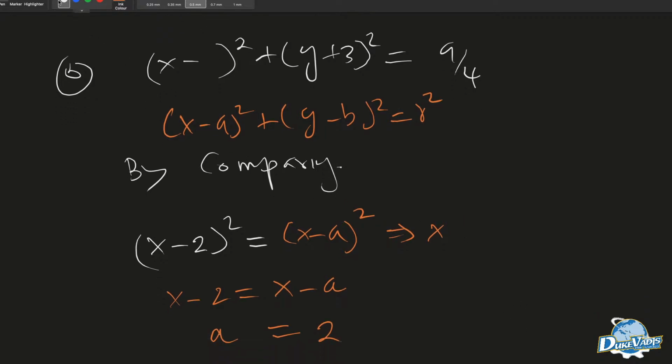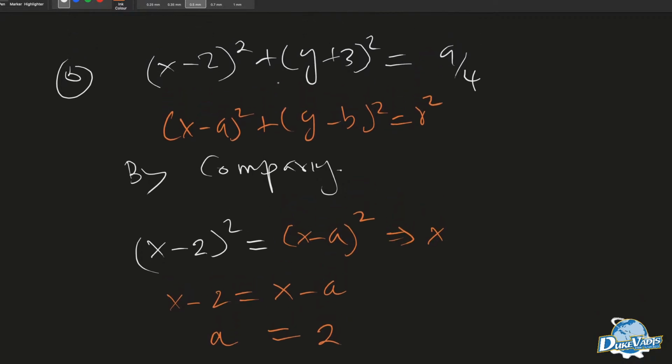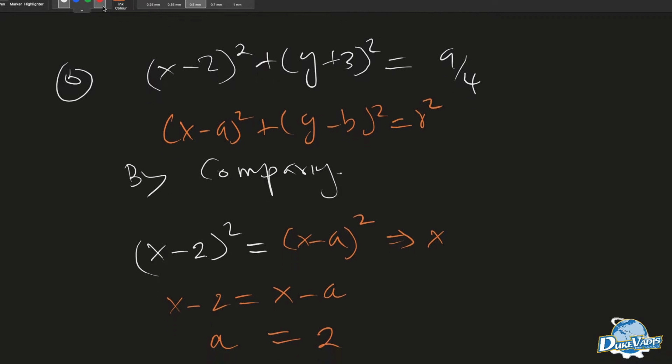Now let's look at the other one, the other part where we have y. So let me put a 2 down there. Now we have y plus 3 squared, and we are comparing it to y minus b squared.